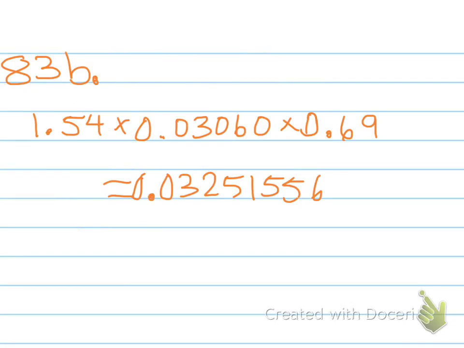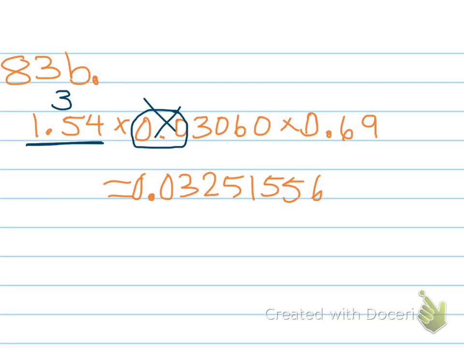We're going to do one more example. So I'm looking at 83B. We are now multiplying 3 different numbers. So our first number has no zeros, all non-zero numbers. So each of those digits is automatically significant. So it has 3 significant figures. Our second number has some leading zeros.